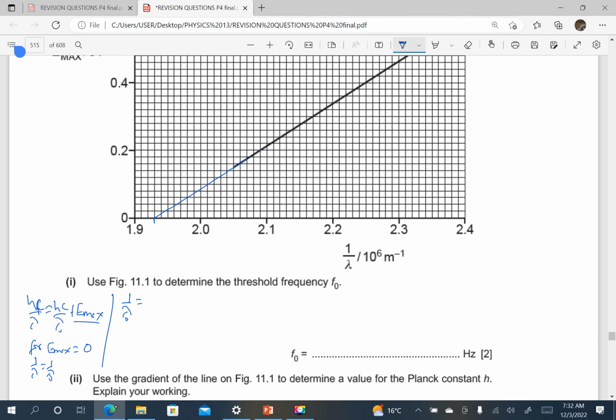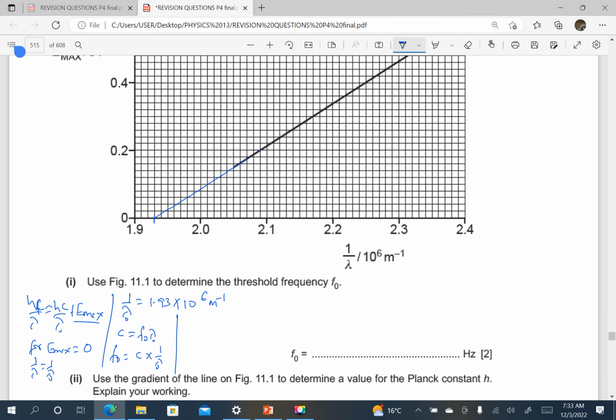The scale is 0.1 by 10 power 6. So 1.93 times 10 power 6, that is per meter. Then from c equals f lambda, from c equals f naught times lambda naught, we shall notice that f naught is going to be c times 1 over lambda naught.